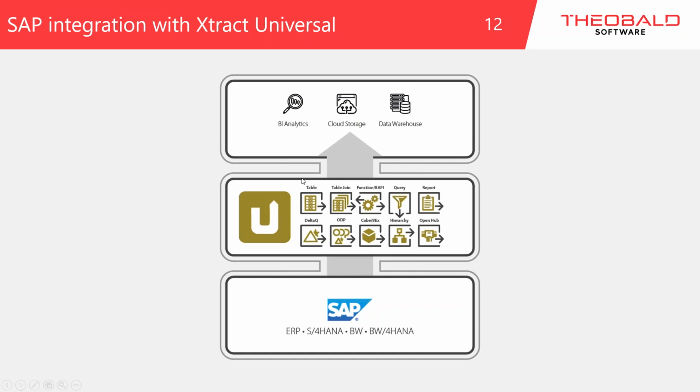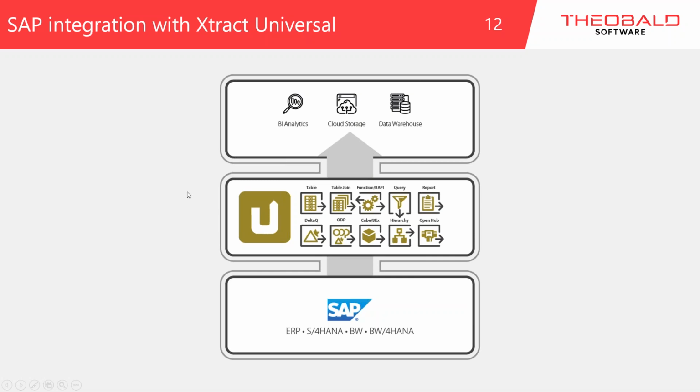Xtract Universal offers different components again where you can extract data. So again, functionalities that we have seen like table and table join, ODP, BW views, hierarchies and so far are supported here, and you have further options as you see.